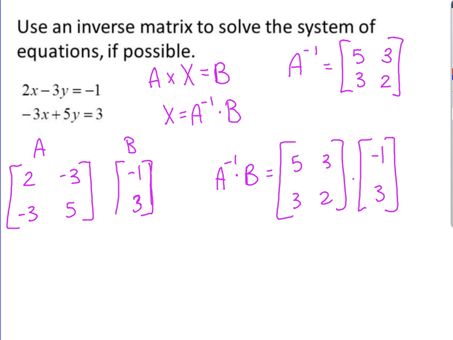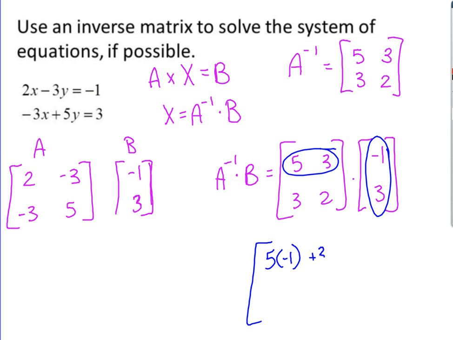So if we have the inverse matrix A times matrix B, remember when you multiply, you go across and down. So we're going to do 5 times -1 plus 3 times 3.